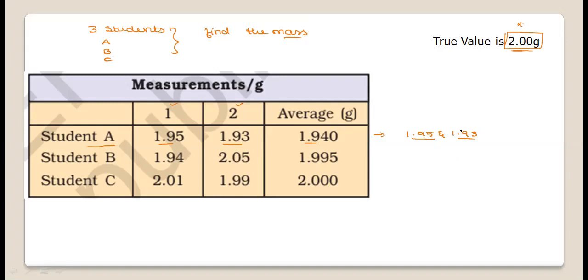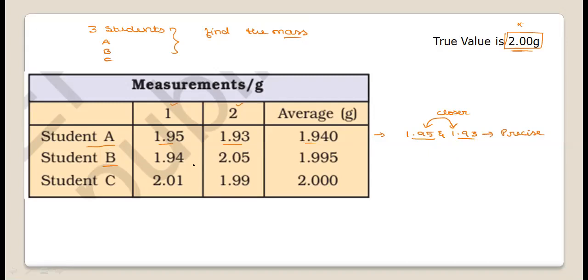No, the values are very close. These two values are said to be closer. Hence, we can say the student A data is precise, as the measured values are closer to each other.